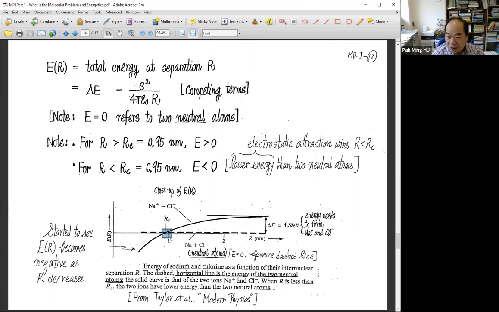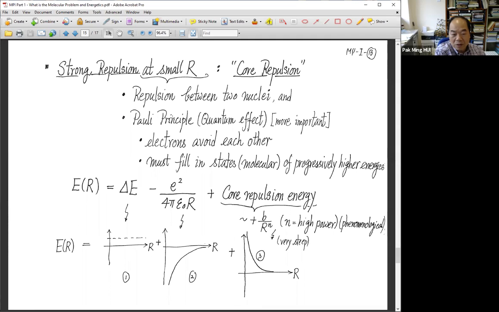I label it RC, a critical separation, under which there may be an advantage. Only below this separation does the Coulomb attraction gain back what is put into the neutral atoms to form ions. Then, will this continue to go down to negative infinity as this curve suggests? But I already hinted at no.